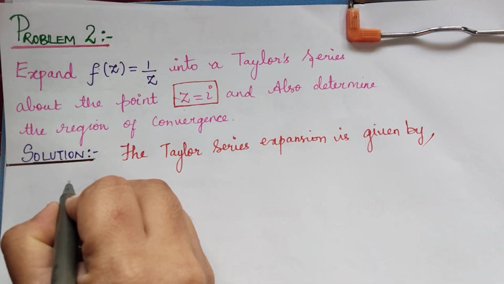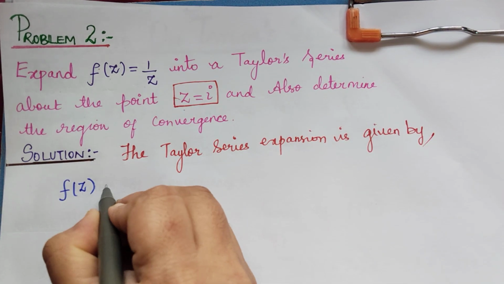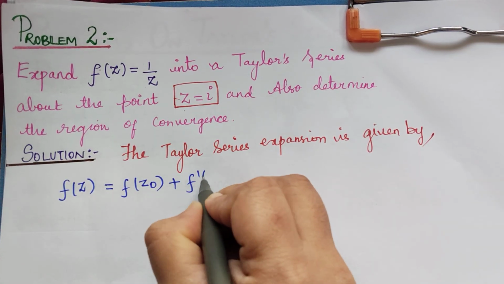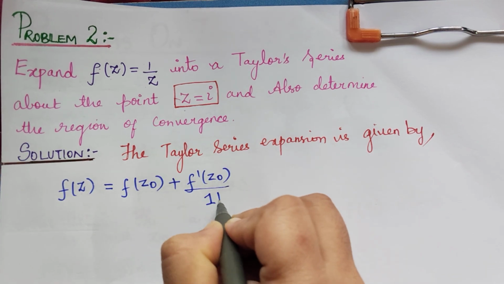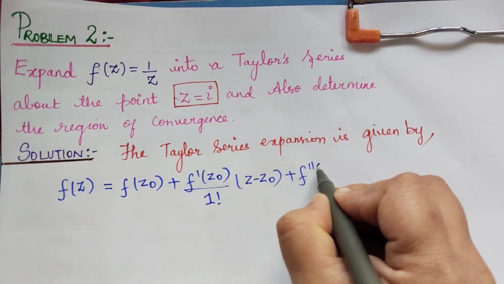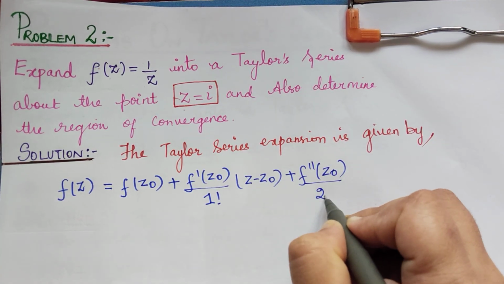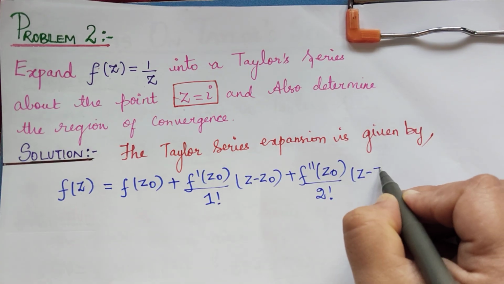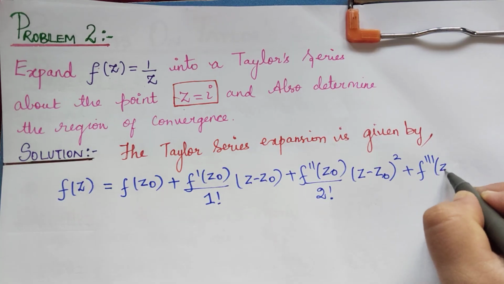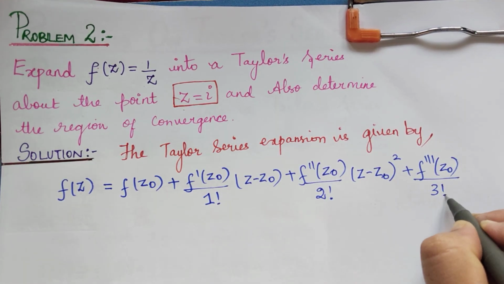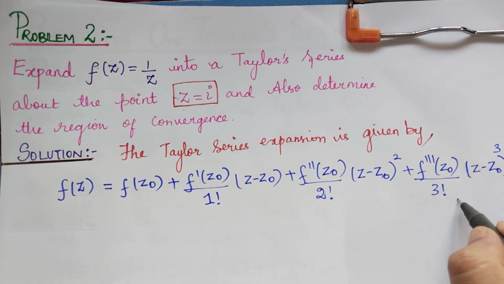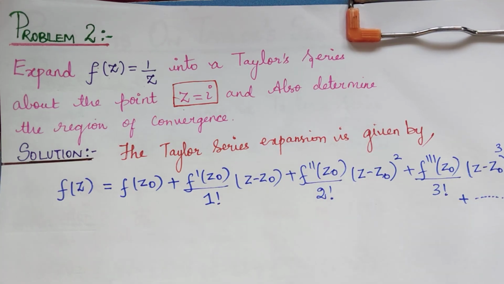The Taylor series expansion is given by f of z is equal to f of z naught plus f dash of z naught by 1 factorial multiplied with z minus z naught, plus f double dash of z naught divided by 2 factorial multiplied with z minus z naught the whole square, plus f triple dash of z naught divided by 3 factorial multiplied with z minus z naught the whole cube, plus etcetera. It goes on like this.